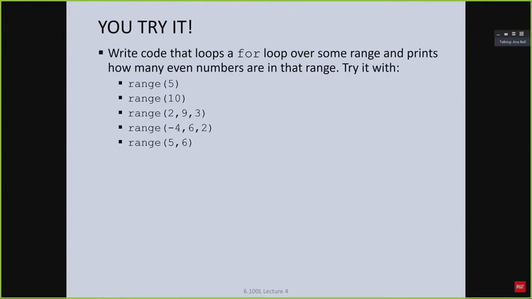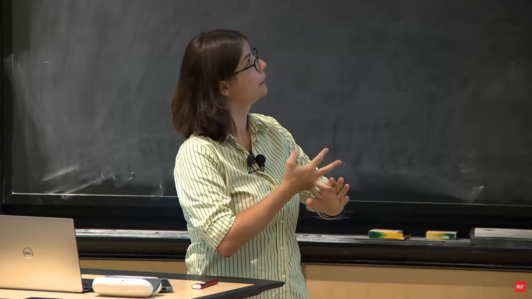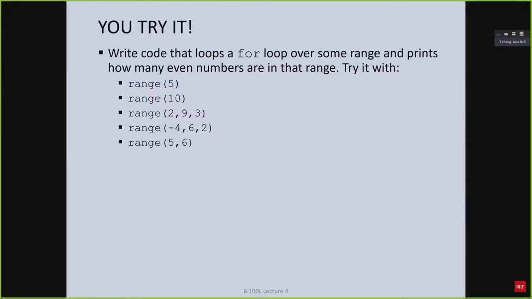I want you to write code within that for loop that counts how many even numbers are in that range, right? So including the 0. So for range 5, your counter should pick up on the fact that 0 is even, 2 is even, and 4 is even, and then that's it. So it should print 3.